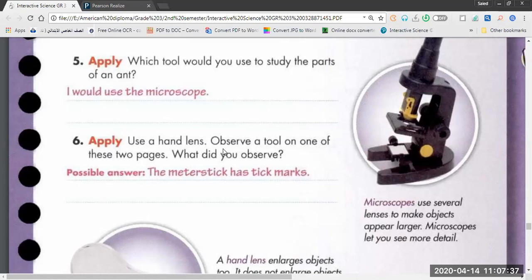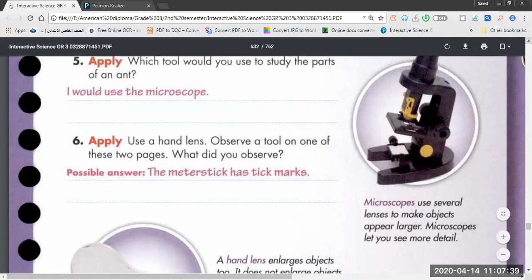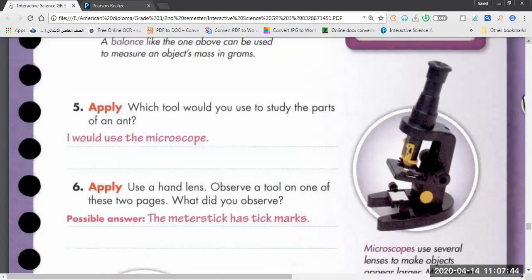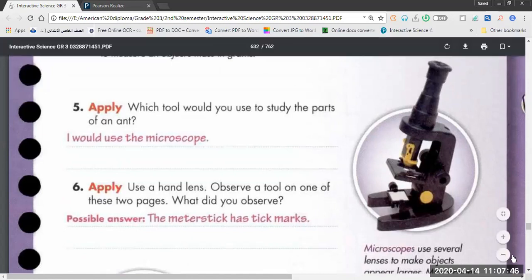Okay, so here is the microscope, and there is no lab that doesn't have a microscope. The microscope is one of the main tools inside any lab.